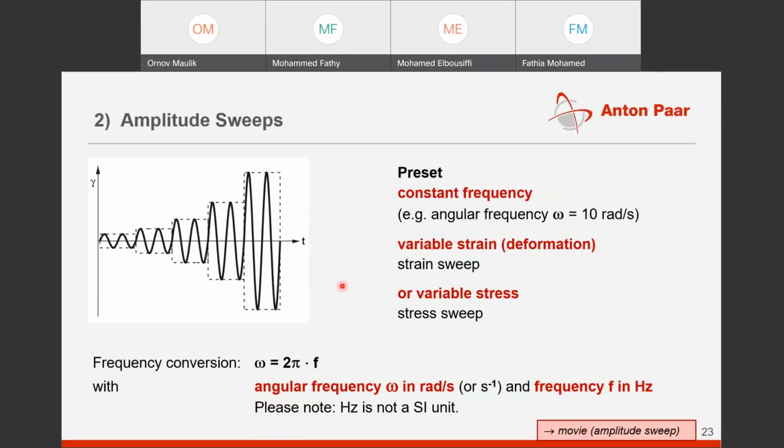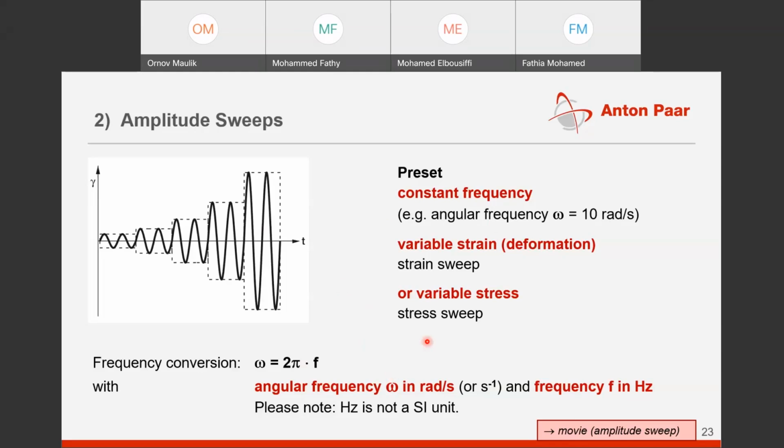If you consider a two-plate model, your top plate is moving to and fro up to a certain displacement. Here you are changing the displacement, keeping the speed of the oscillations constant. So you are keeping the frequency constant and changing the amplitude, that is the deformation.